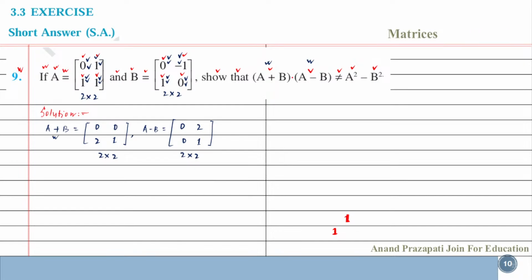In A plus B, number of column is equal to the number of rows in A minus B. Therefore, A plus B and A minus B is possible for the multiplication. After there is no problem to understand up to this step.